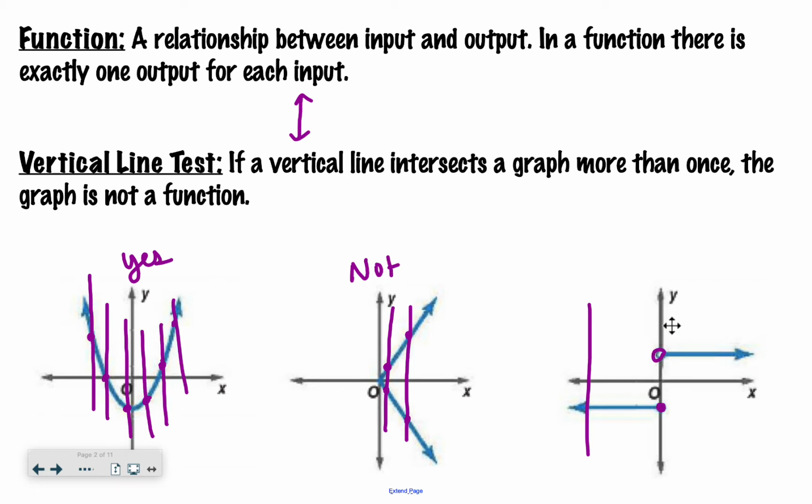Even though some of us might think that this is going through the line twice because it hits here and here, this open circle doesn't actually count. So therefore, this is still a function because when I draw straight down that line, it isn't going to hit more than once, okay? So this is a function.